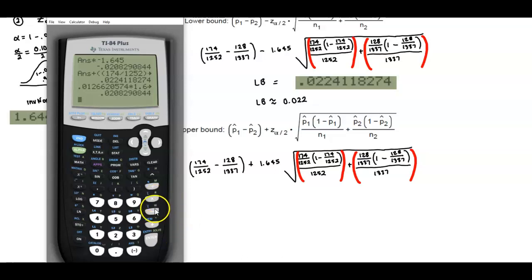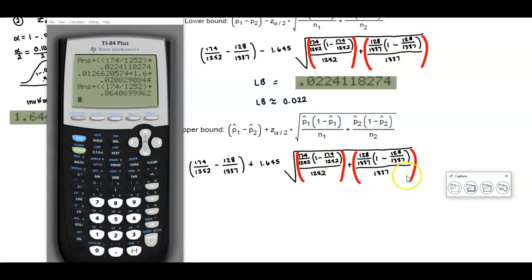And then we're going to add this since it's in parentheses. So parentheses, second parentheses, 174 divided by 1252, and then minus parentheses 128 divided by 1337, and then we get the following amount.